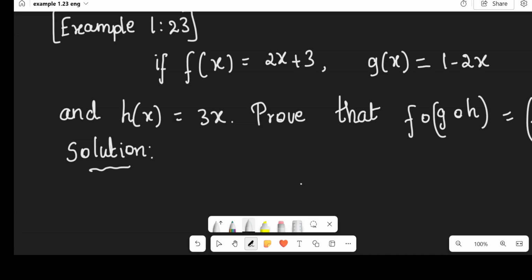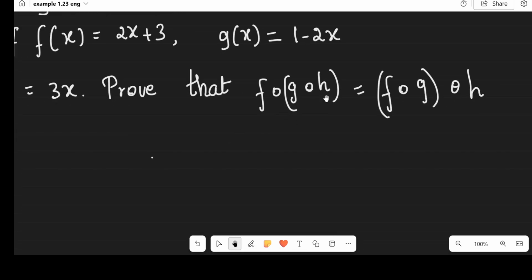Here I have written the question. The question is prove that f of g of h equals f of g of h. So first we'll be solving the left side, LHS, that is f of g of h.